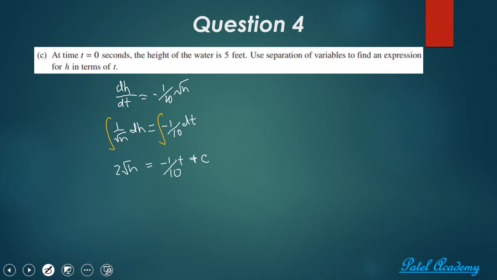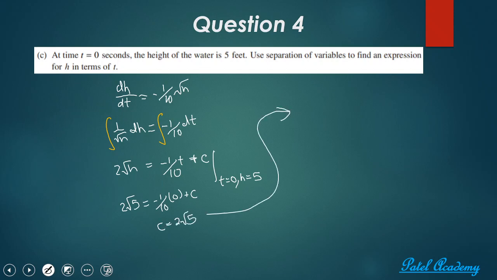Now, we evaluate this expression at t equals 0 and h is equal to 5. So we get 2 root 5 is equal to negative 1/10 times 0 plus c, and so c is equal to 2 root 5. So going over here, I get the expression that 2 root h is equal to negative t over 10 plus 2 root 5.